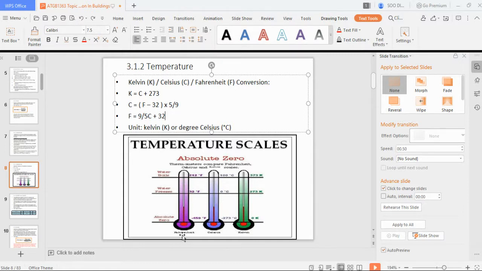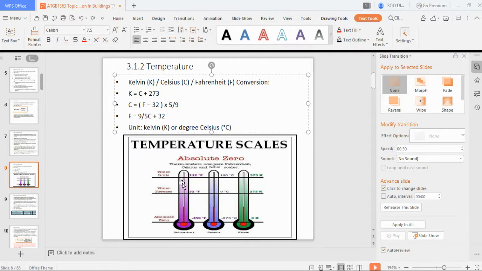In other scales of measurement, you'll find that in Fahrenheit, water boils at 212 but freezes at 32 degrees Fahrenheit. And absolute zero is at negative 450. So the scale of this is a bit weird and funny. And when you go to Kelvin, water boils at 373 Kelvin, but water freezes at 273 Kelvin.